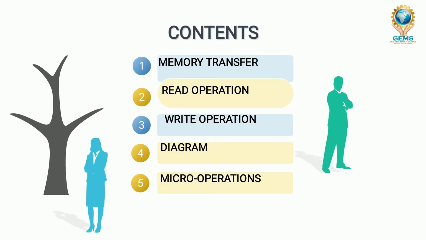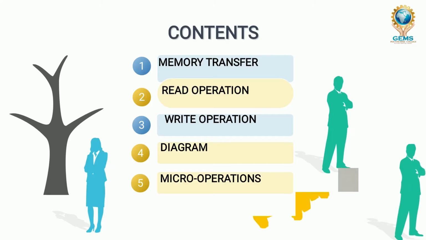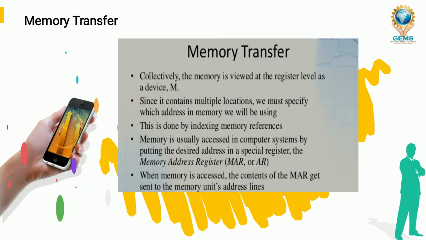With figures we will see this, and we will talk about micro operations, and finally we will see data movement instructions, how data movement instructions help to do all these things. These are the contents of this video lecture.